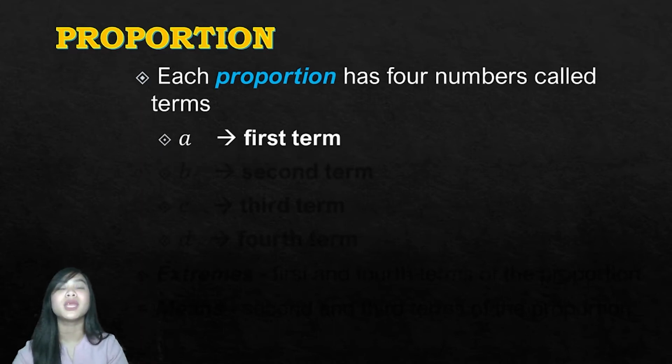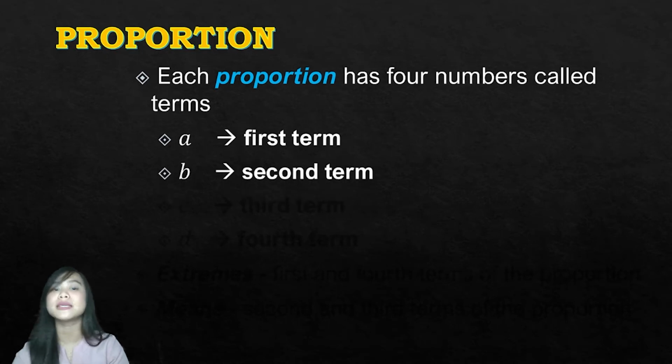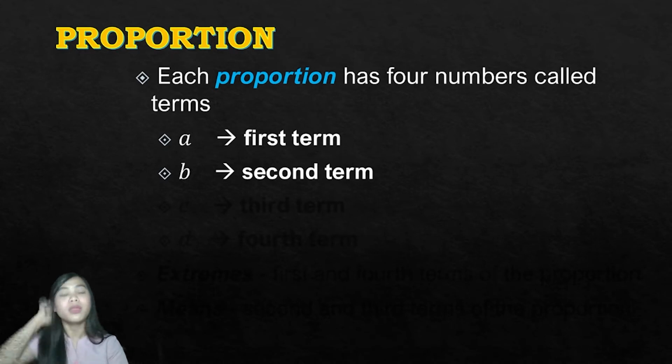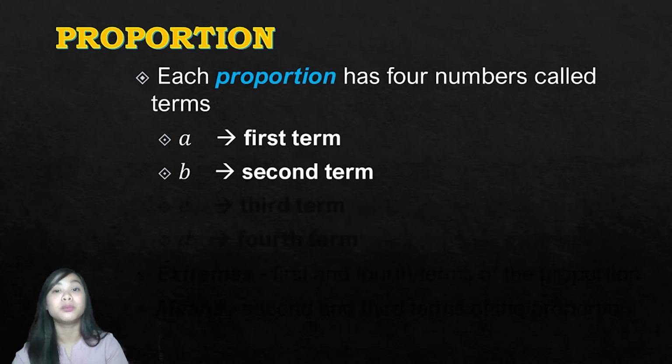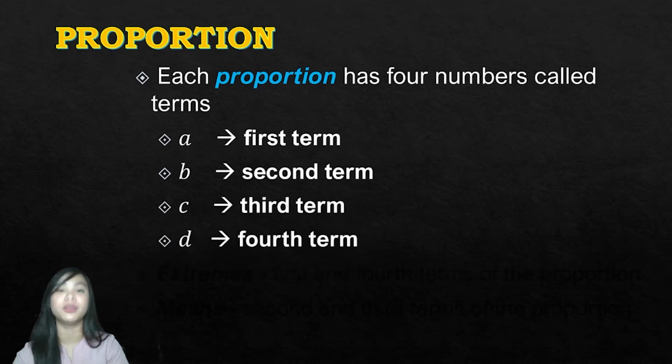A is the first term, B is the second term, C is the third term and the fourth term is D. Again, A, B, C, and D are any non-zero numbers.